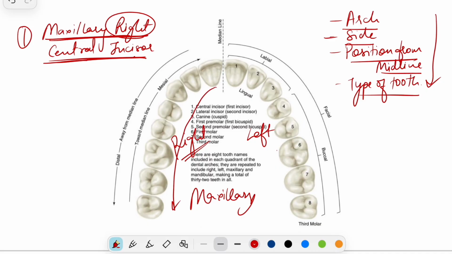Then we have central and incisor here. Central means it's closest to the midline, so we have our closest teeth to the midline here, and this is an incisor. This was very easy, right? I think you'll be able to identify your teeth from the name. If I give you a name, you'll be able to identify it. So I'm going to give you a name.